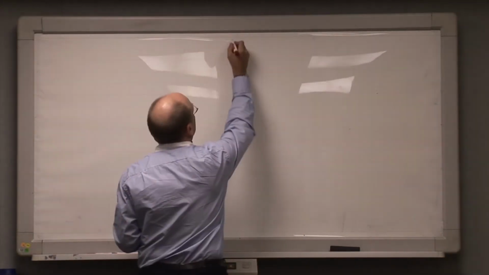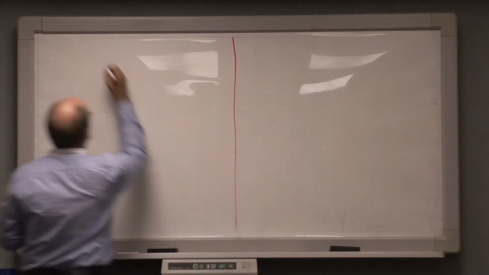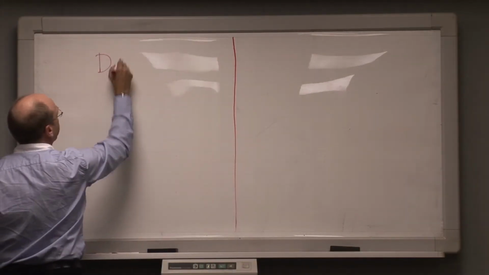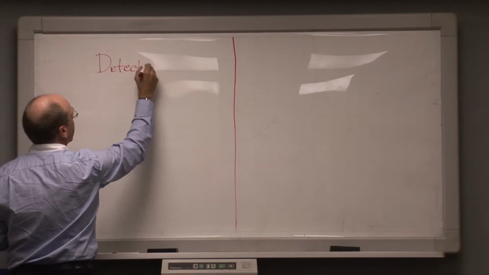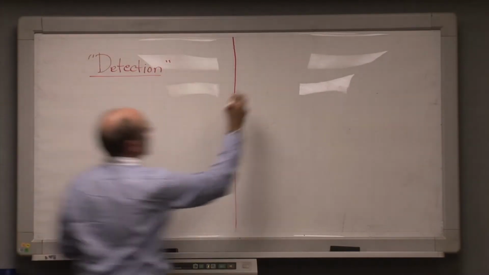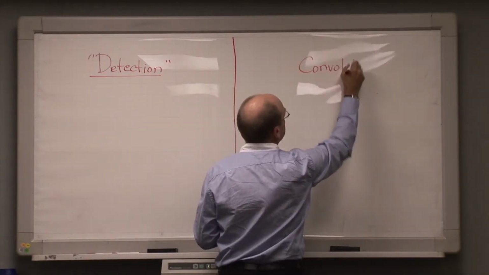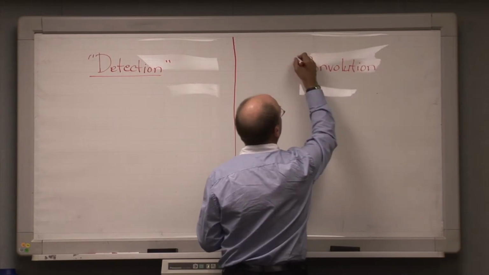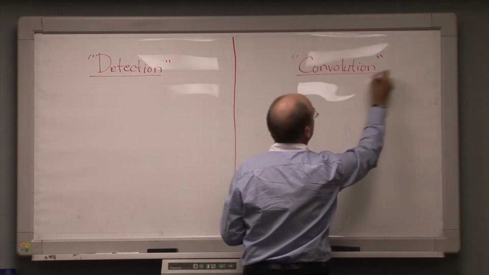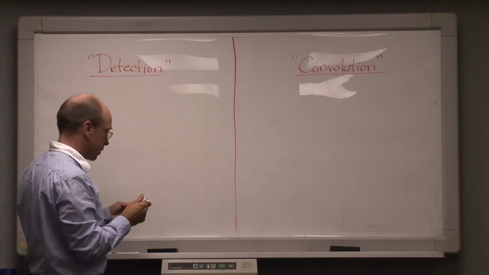We'll split the board up this way. This half of the board will be devoted to a brief description of detection as implemented in spectrum analyzers. This side of the board will be devoted to a discussion of convolution as understood in the context of measuring waveforms with spectrum analyzers.